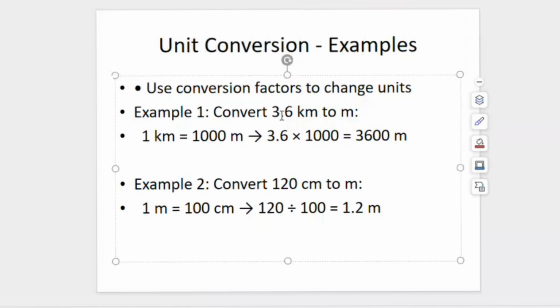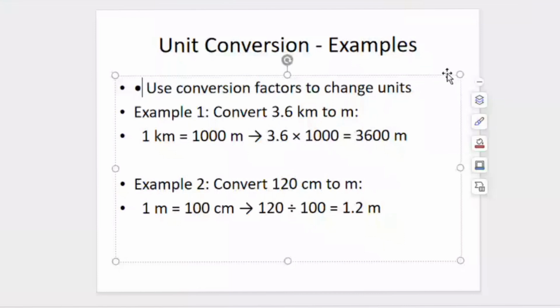I've not written this here, but I'm giving you a brief introduction on what unit conversion is. Unit conversion is a scenario where you convert from one unit to another unit using a conversion value.